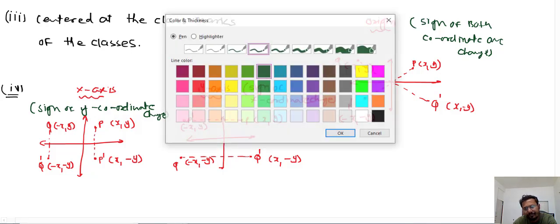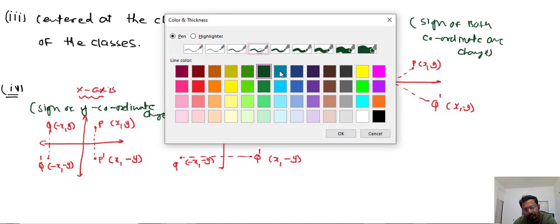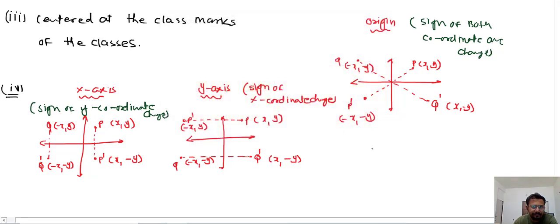So reflection at x equal to a. Just keep in mind, suppose you have the xy plane, and you have one line x equal to a here. Okay, this is your line x equal to a.